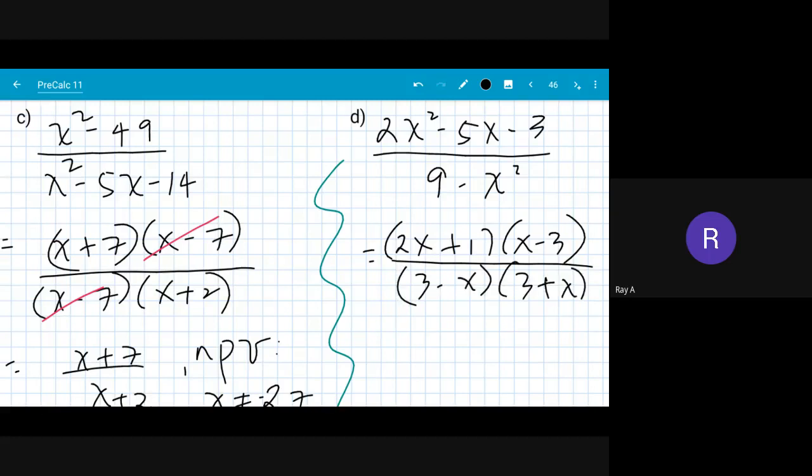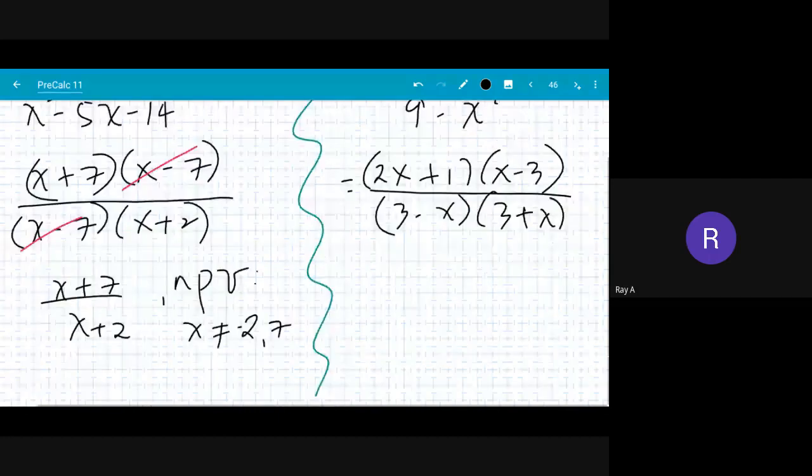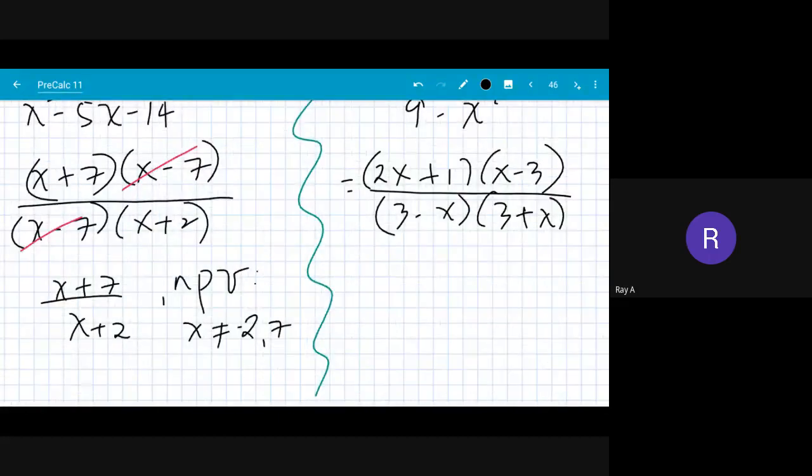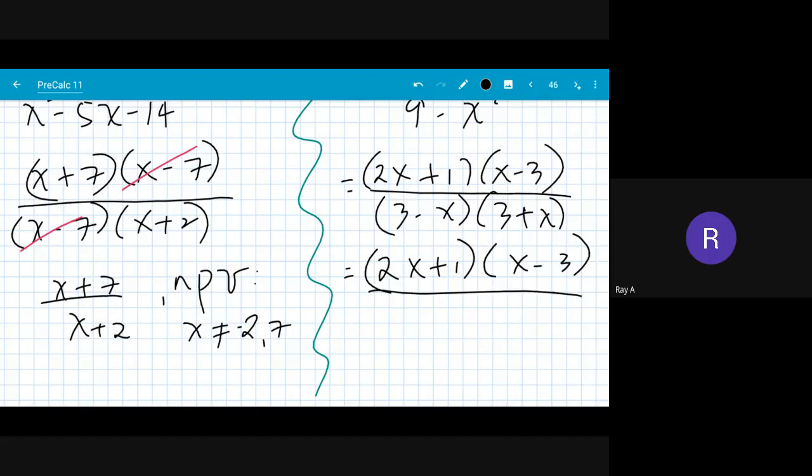Now, if you're thinking, wait a minute, can we cancel something out here? Well, you could. Some of you already see that these two sort of look the same. Although some of you might want to take the extra step of doing this. 2x plus 1 times x minus 3 over, wait a minute, what if we factor a negative 1 from 3 minus x?